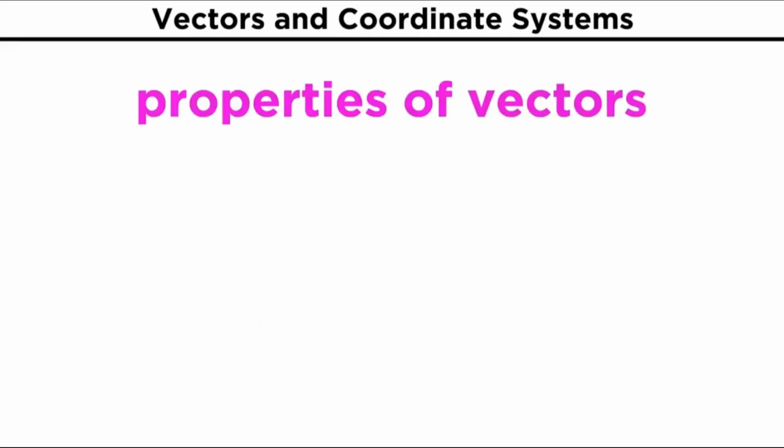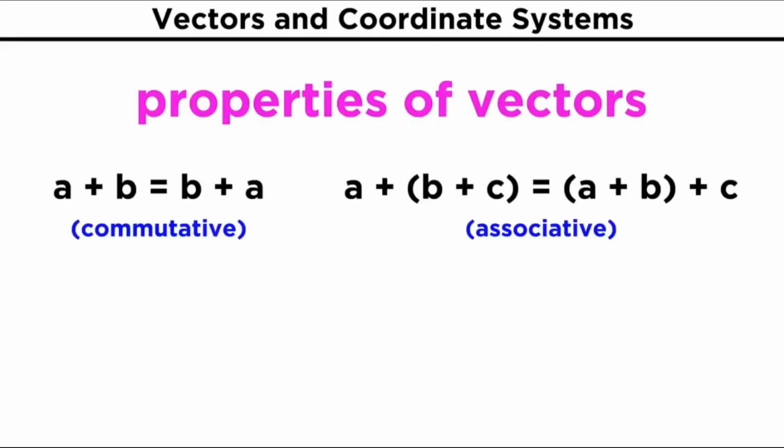In fact, let's quickly mention some important properties of vectors. The commutative and associative properties of addition apply to vectors, like the way that A plus B equals B plus A, and the way that A plus the quantity B plus C equals the quantity A plus B plus C. Any vector plus the zero vector, which is the vector with zeros for all its components, will simply give the same vector we started with.